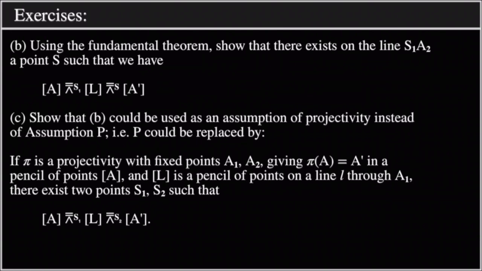C. Show that B could be used as an assumption of projectivity instead of assumption P, i.e., P could be replaced by: if pi is a projectivity with fixed points A1, A2, giving pi of A equal to A' in a pencil of points A, and L is a pencil of points on a line L through A1, there exist 2 points S1, S2 such that A is perspective with center S1 to L, which is perspective with center S2 to A'. 11.